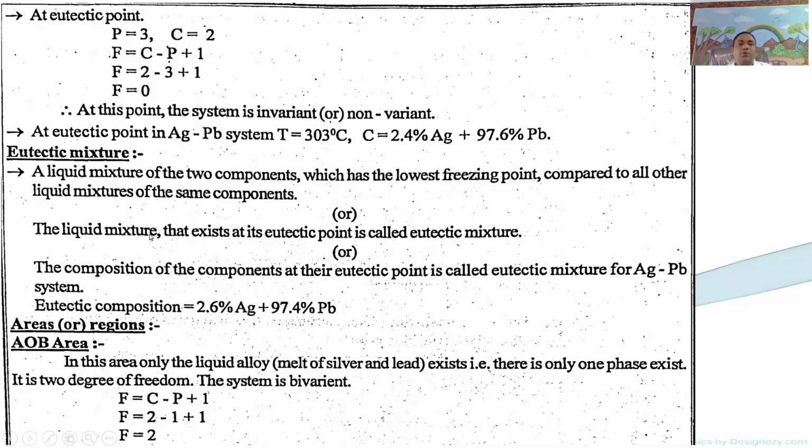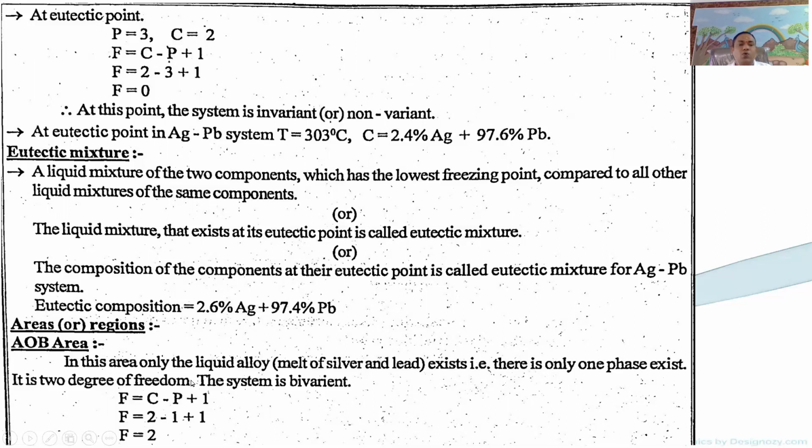Or the liquid mixture that exists at its eutectic point is called the eutectic mixture, or the composition of the components at their eutectic point is called the eutectic mixture. In the silver-lead system, the eutectic composition is 2.6% silver and 97.4% lead.